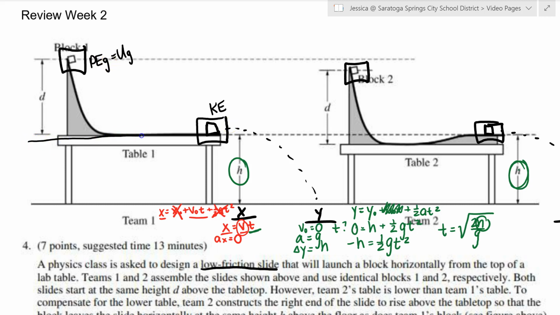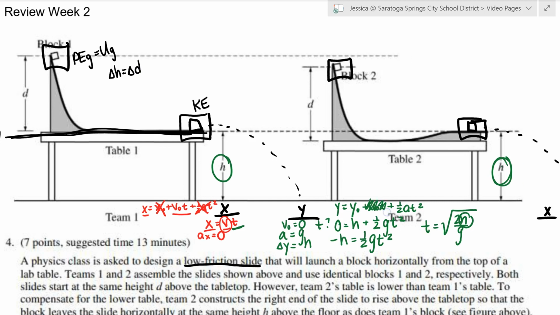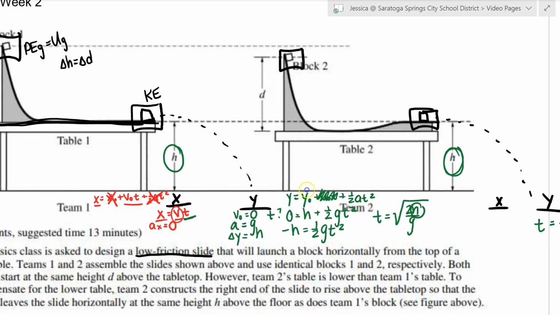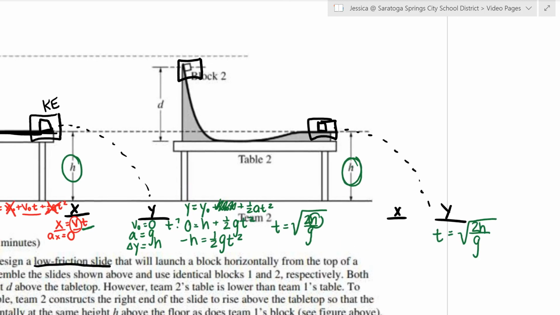To make my life easier, I'm going to set this table height as 0. So my change in height here is really that change in distance. So all that initial potential converts to kinetic. Now for block 2, we again start with potential energy.